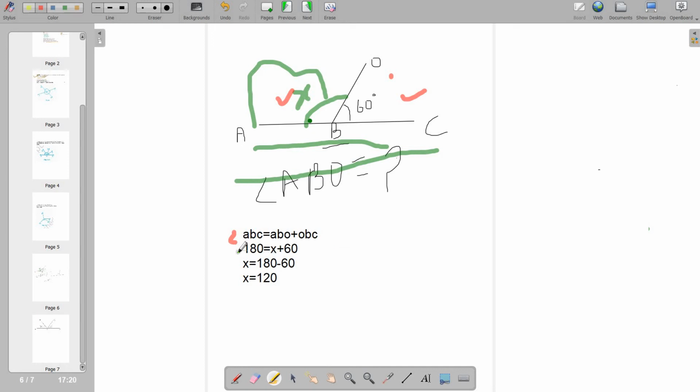So 180 degrees equals x plus 60 degrees. From here the value of x is 120 degrees. So angle ABO is 120 degrees. Hope you have understood this concept. Now we will see another question.